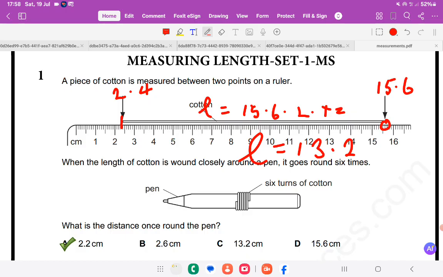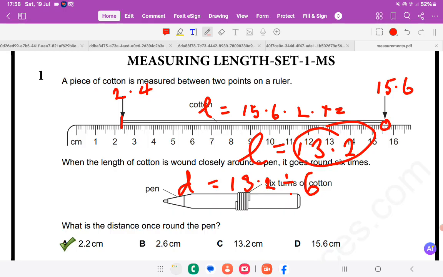But then we are told that the cotton thread is wound around a pen closely. So what is the distance once round the pen? To find the distance once, we simply have to divide this length, 13.2, by 6, because we are told that the cotton thread goes 6 times around the pen.